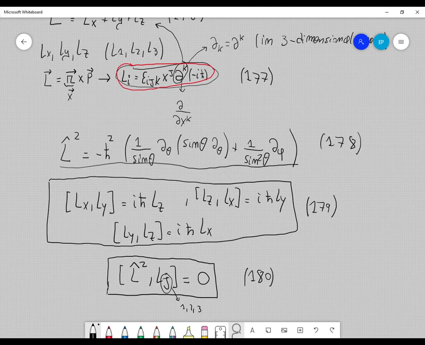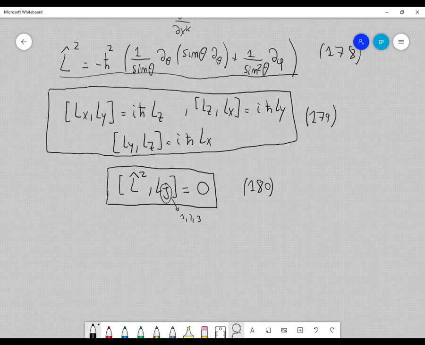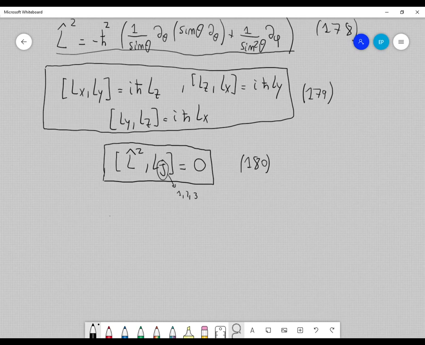Now we will define two other important operators which will be useful. I will define L plus as Lx plus i Ly, and I will define the operator L minus equal to Lx minus i Ly.